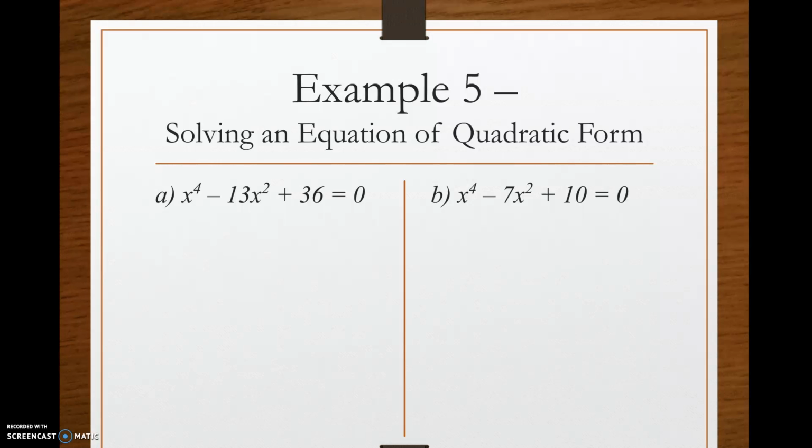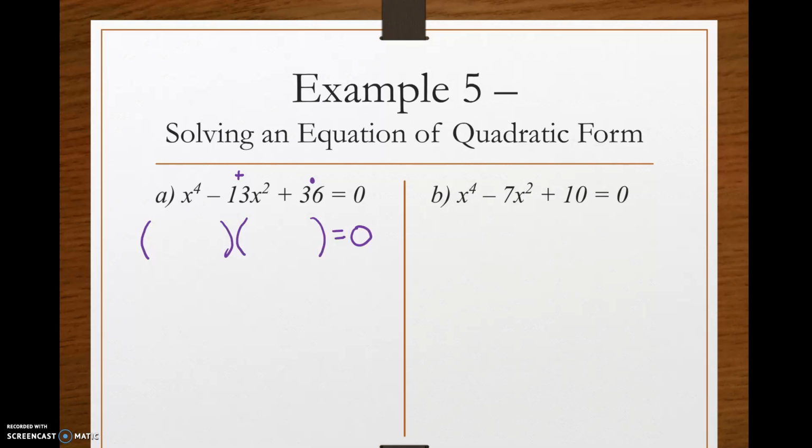All right, example 5. This looks like a trinomial that we might need to factor. And basically, I want you to go about factoring this the same way we did on example 1 yesterday. So we're looking for two numbers that multiply to give us 36 and add up to negative 13. So 1 times 36, that's not going to work. 2 times 18, no. 3 times 12, no. 4 times 9.